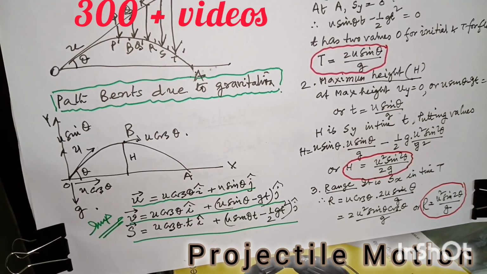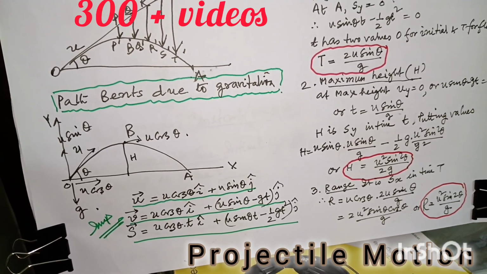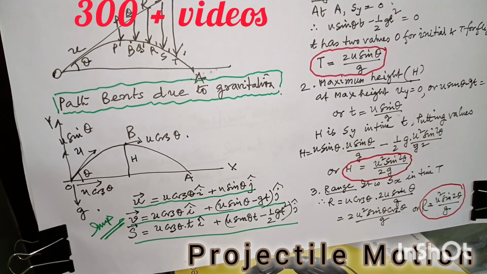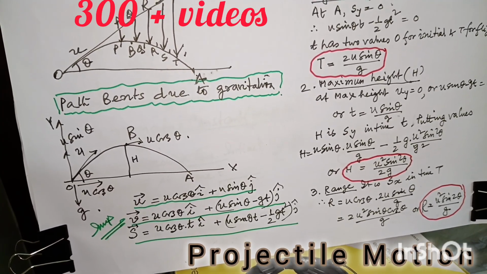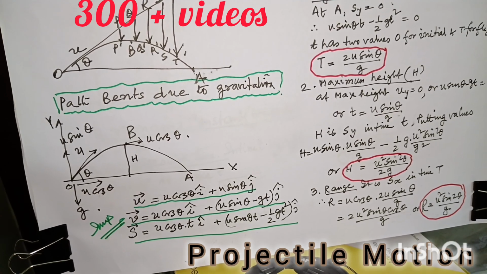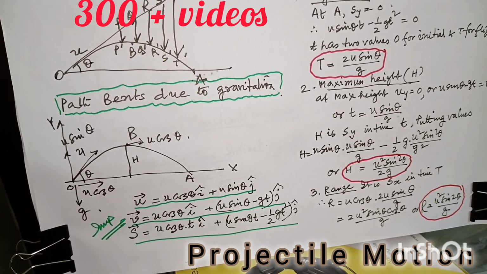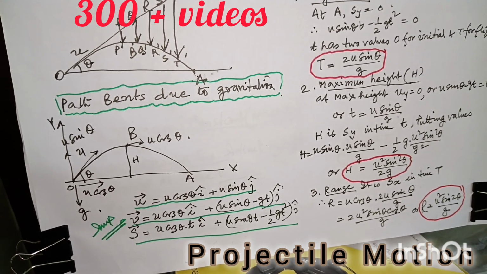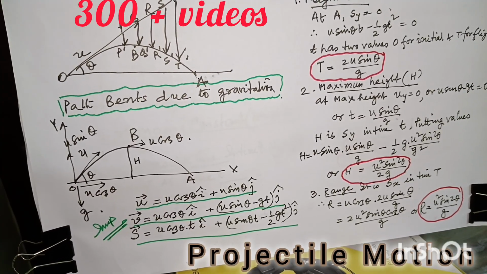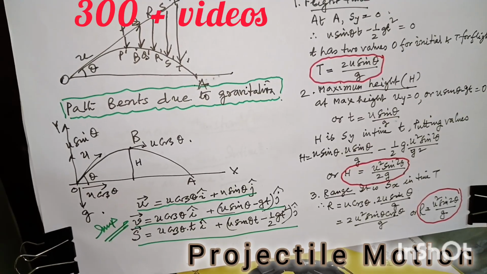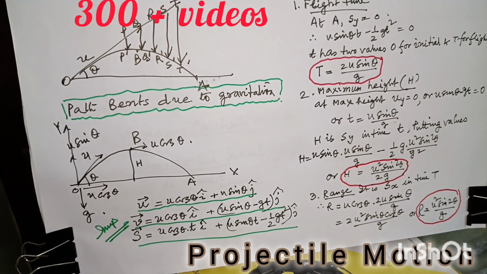The vertical component u sin theta will be reduced, because if we apply the kinematic equation, it will be u sin theta minus gt in time t. So in time t, the velocity will be written in vector form as u cos theta i cap plus (u sin theta minus gt) j cap.